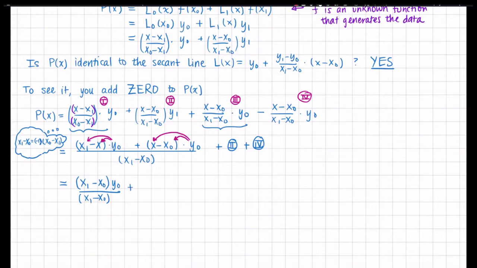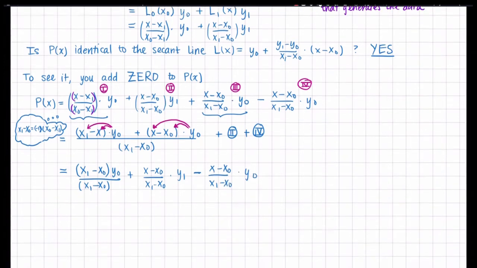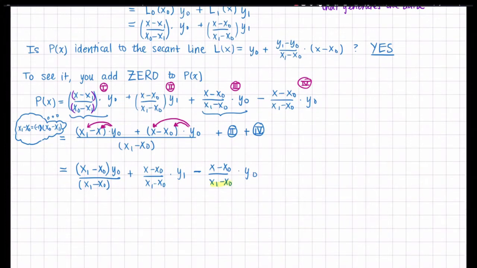Term 2 was x minus x naught divided by x1 minus x naught multiplied by y1. Term 4 was, and there's a minus, x minus x naught divided by x1 minus x naught times y naught. Now they already have a shared denominator.